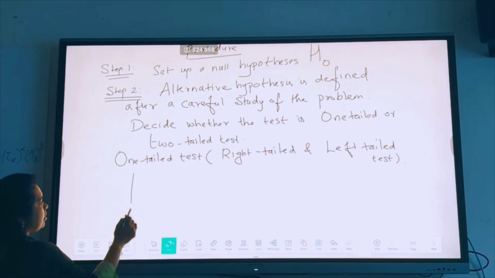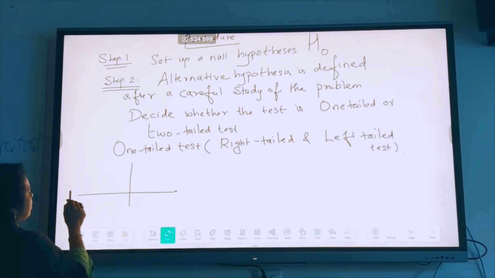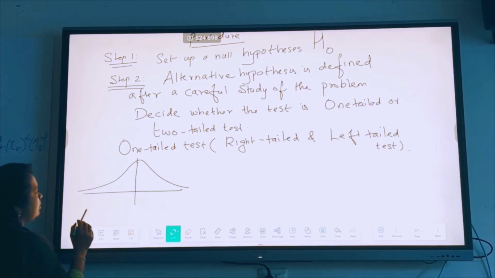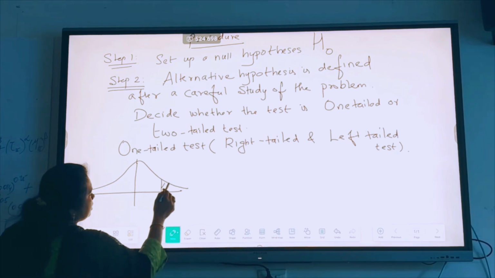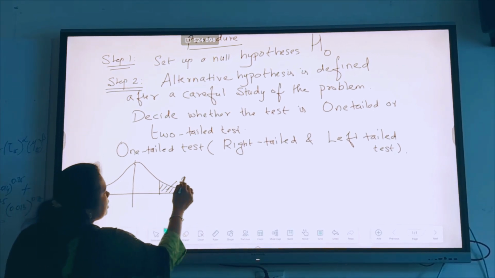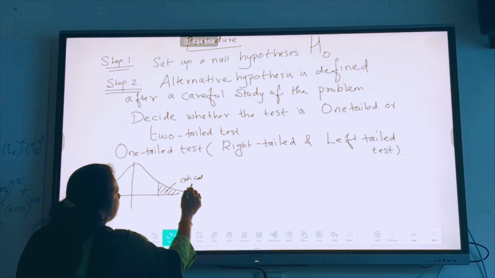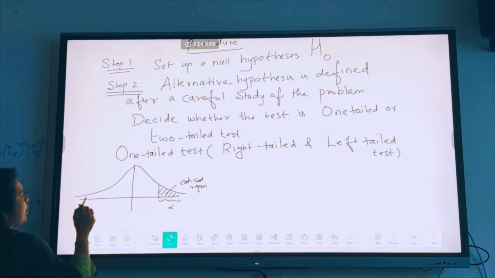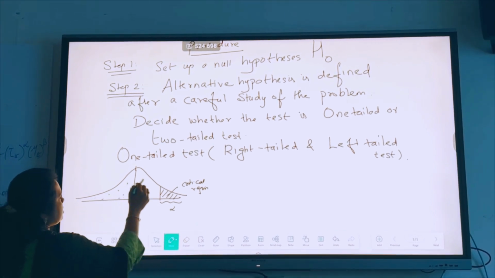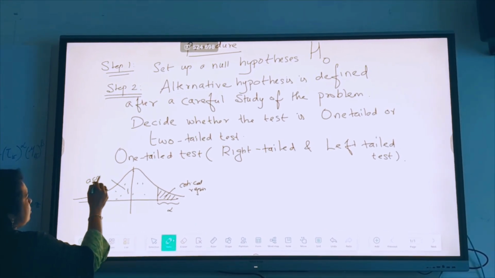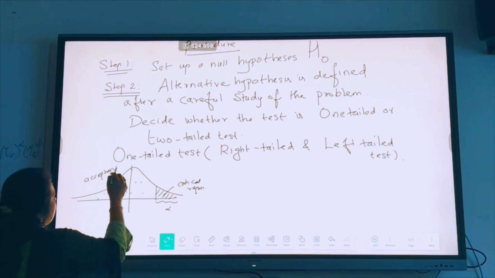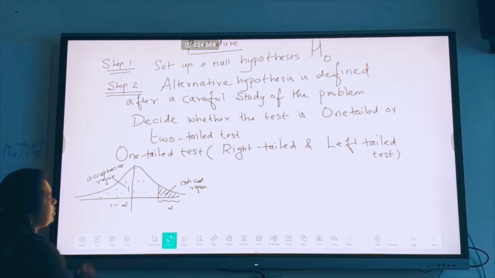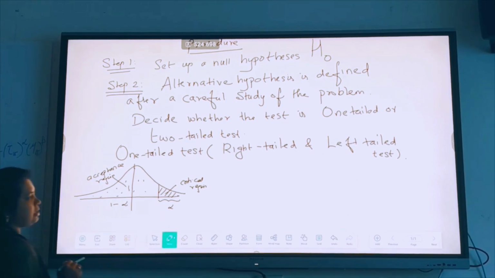If you draw the normal curve, and the critical region is here, we will call it alpha, and this region we will call the acceptance region, which is 1 minus alpha. So the sum of the probability is nothing but 1.